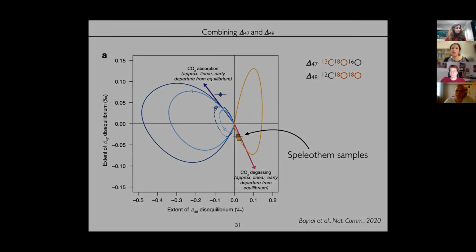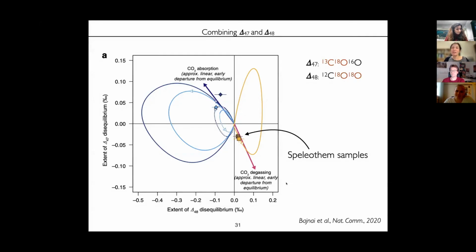This is showing you the model predictions again from this model of Wayfu Guo, and then two speleothems on top of that seem to suggest that the model is not completely off. And again, we have a direction that we can predict that those two effects would take with disequilibrium, and we can use that to back correct and derive non-disequilibrium affected temperatures.